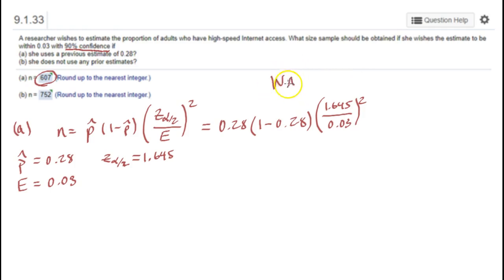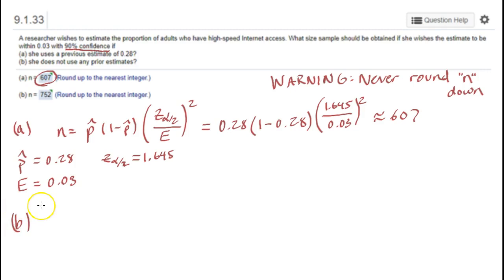Warning. Never round n down, and I'm referring to your final answer. So this is going to be approximately 607 after you round up. Okay, hopefully that makes sense.